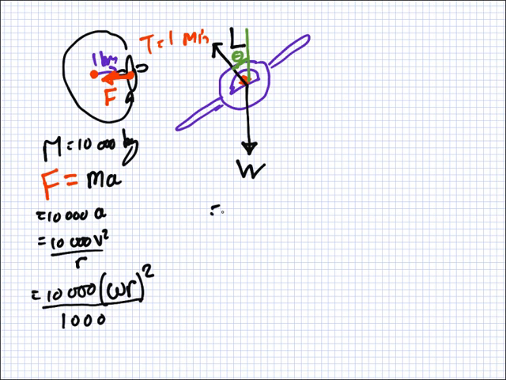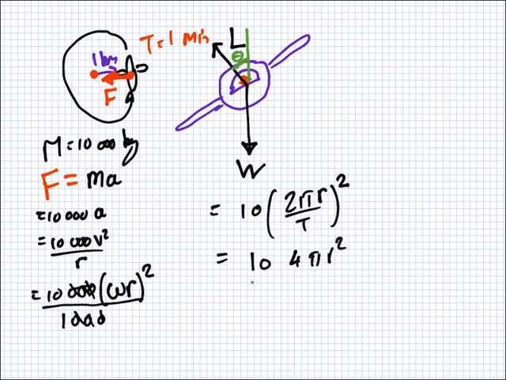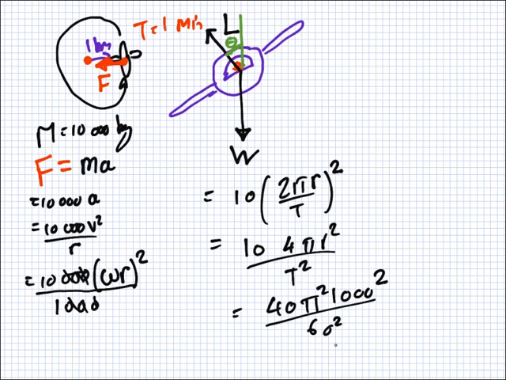So that's equal to 10, and omega is 2 pi over t, and then there's the r squared. So let me see, that is 10 times 4 pi squared r squared over t squared. So that's 40 pi squared 1000 squared over 60 squared. So what do I get here for the F?